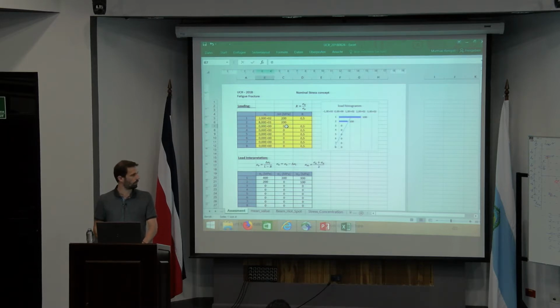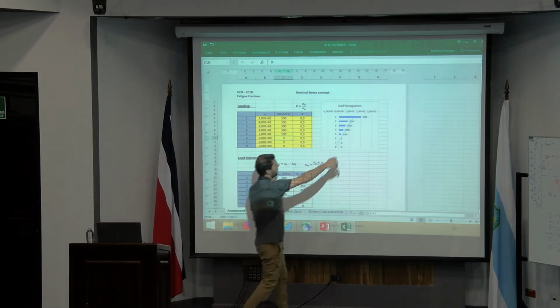Then we have 60 MPa with 300. We have here the 40 again with 300. And the last one is 20 MPa with 100. So at the end, our collective is looking like this.